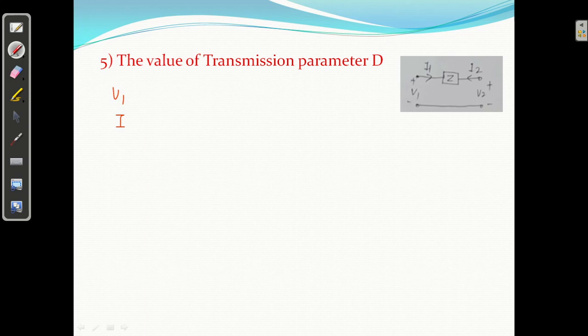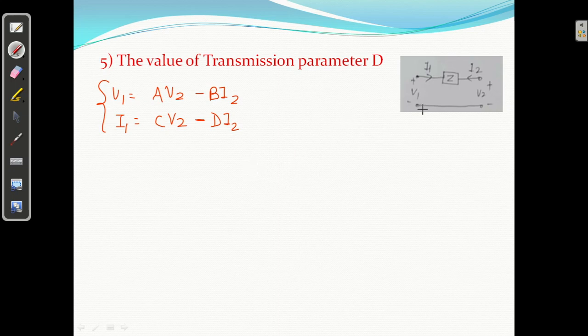The quantities on the first port, V1 and I1, are represented by the quantities on the second port, V2 and I2, and in the transmission parameters there is a minus sign with I2. This is A, B, C, D. That is the standard equation of the transmission parameters.